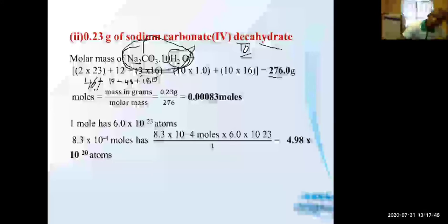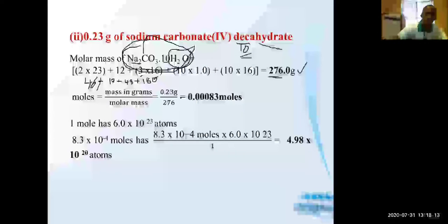If you add 46 plus 12, you'll get 58. 58 plus 48, we'll get 116. 180 plus 116 will get 276. So this is now the molar mass.